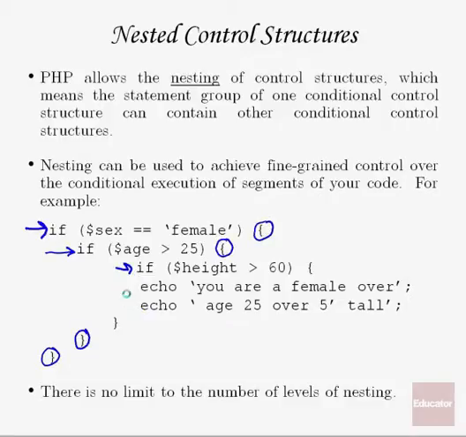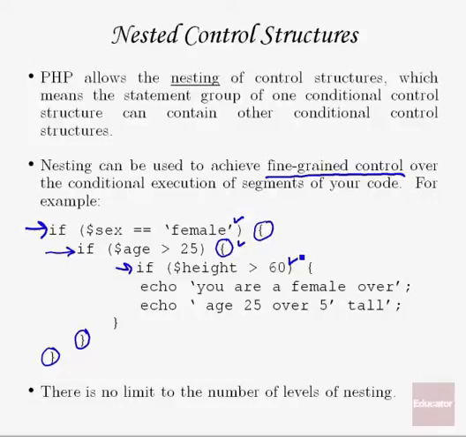And so what you can see is that in PHP, there's no limit to the number of levels, how deep you can nest control structures. What it allows you to do is to achieve fine-grained control over the conditional execution of segments of your code. So for example, maybe you have a section of code that you want to run if someone's a female, their age is over 25, and they're over 60 inches tall.